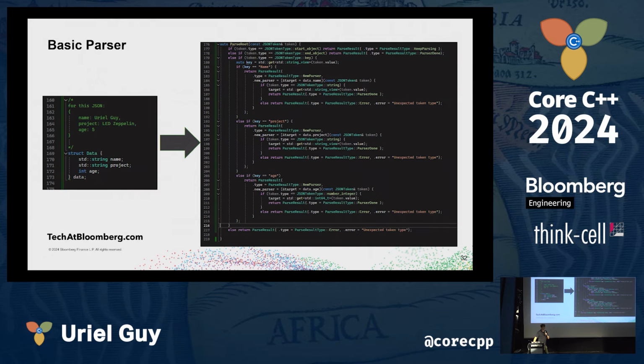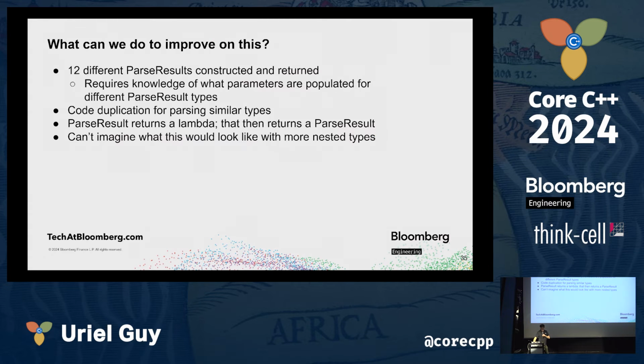Looking at the first piece of code, you'll see we have at least 12 places where we build parse results. This is, by the way, where I really wished we had Rust's enums, because this is a classic case for this, where you have a type and it can have some payload with it. So we have 12 different parse results that we're building, which also carries the knowledge of what payload needs to go with a specific parse result.